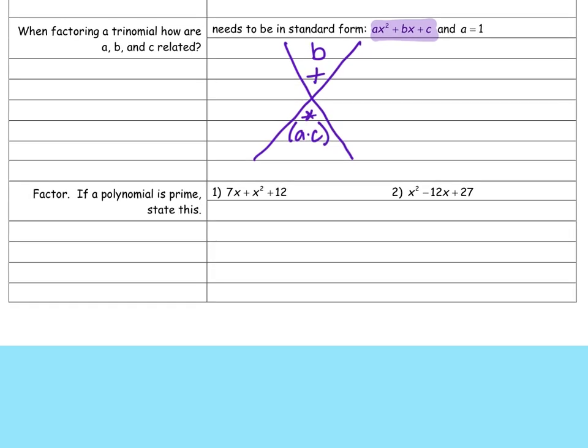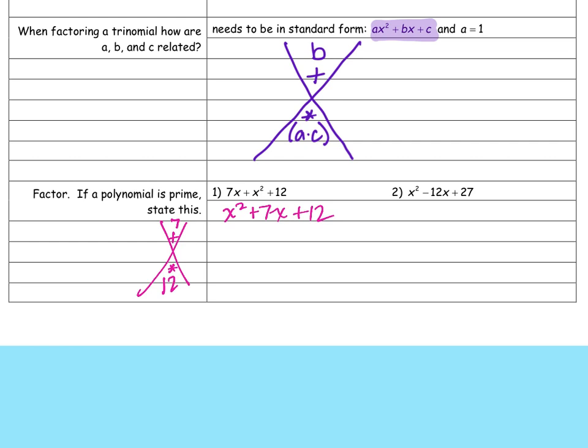The exponents have to be in order from greatest to least, which is standard form. So I need to put this x squared plus 7x plus 12. Now it's in order, and I need two numbers that multiply to be 12 and add to be 7.